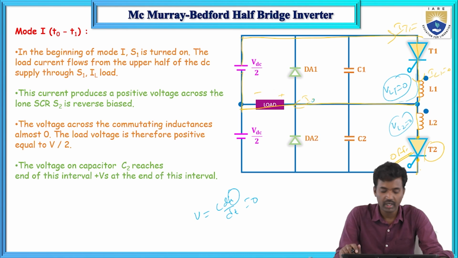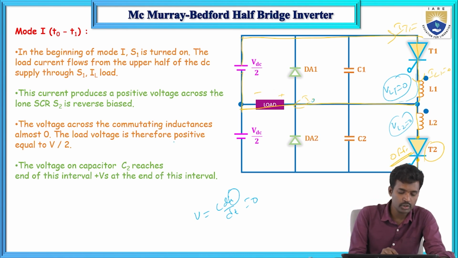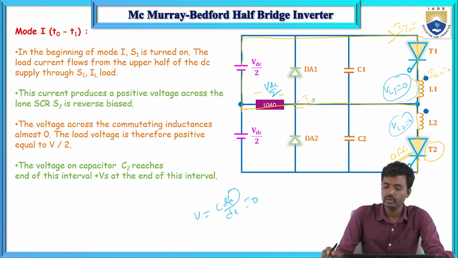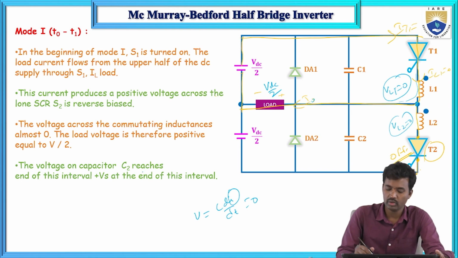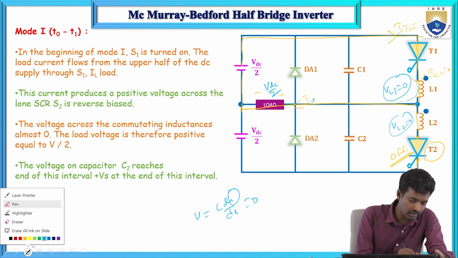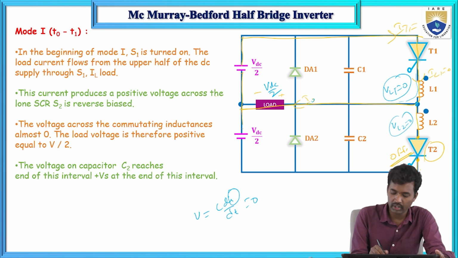So what will happen? The load voltage is positive, equal to VDC by 2. The capacitor voltage C2 reaches the end of VS2. For capacitor C2, this is minus plus VDC by 2.